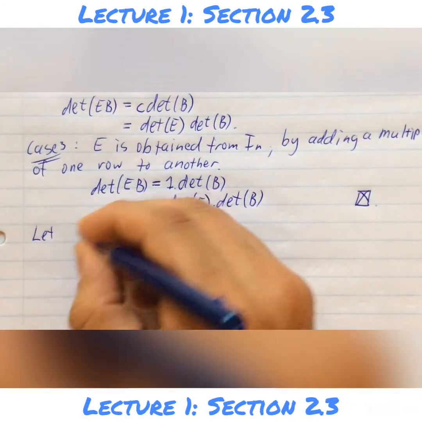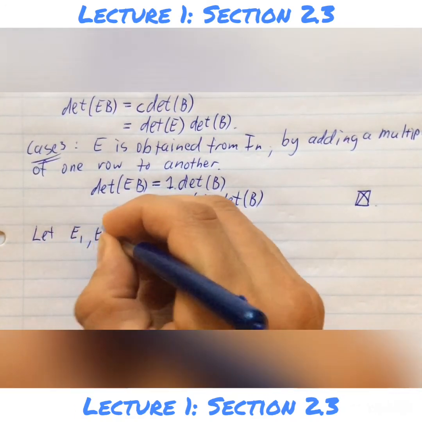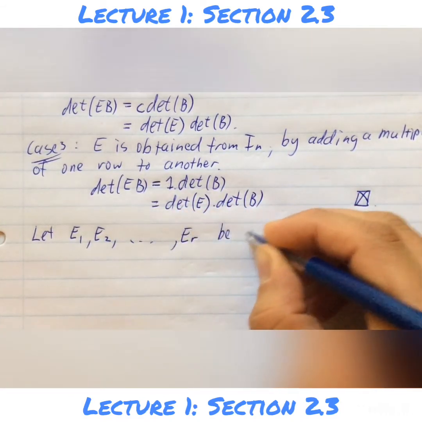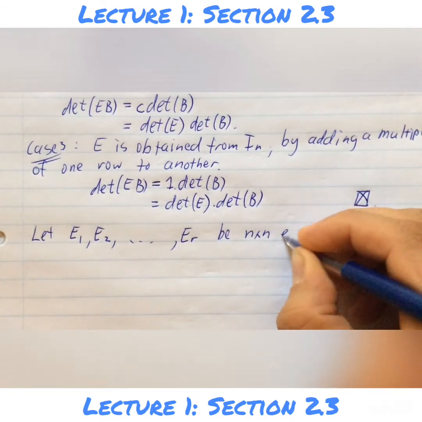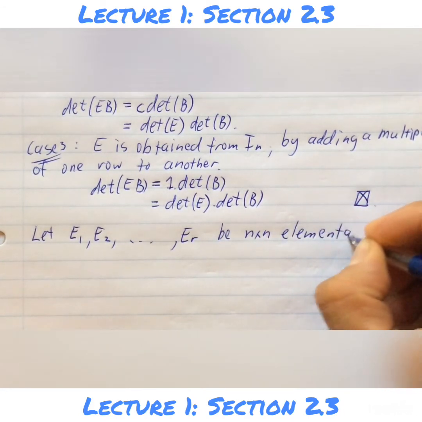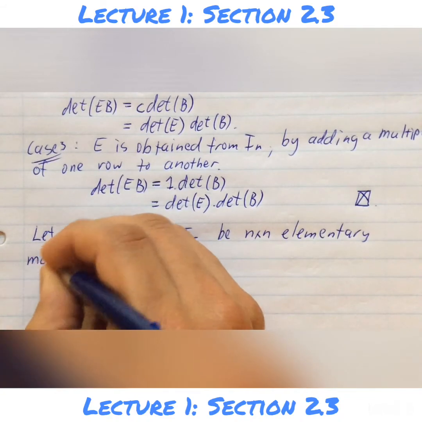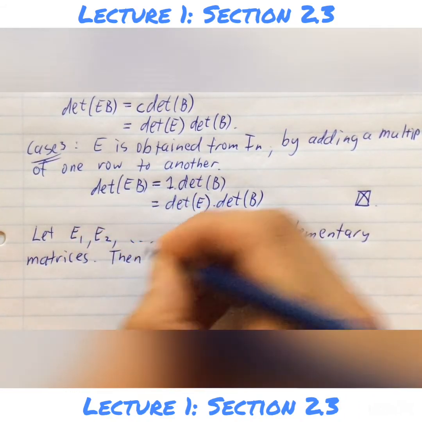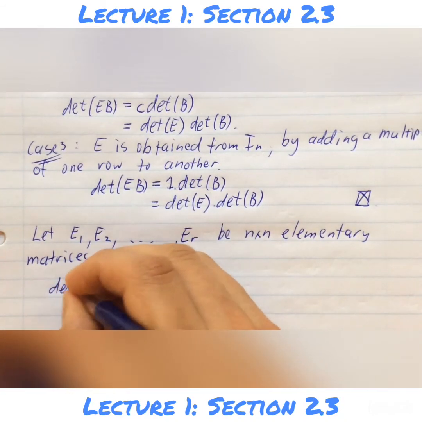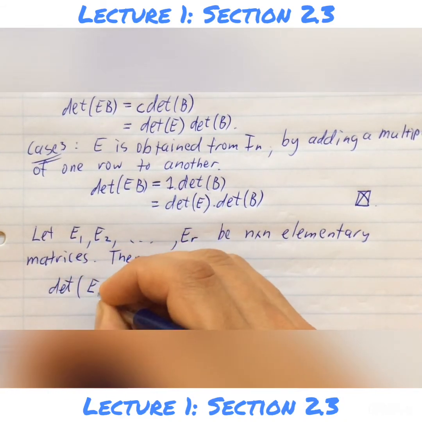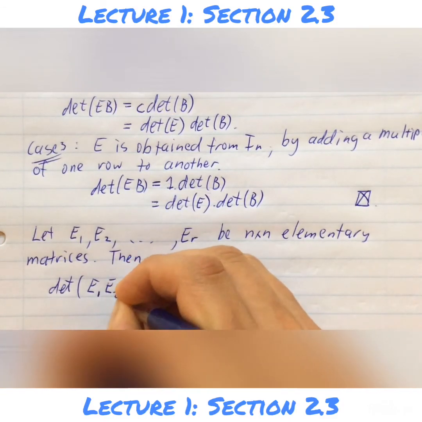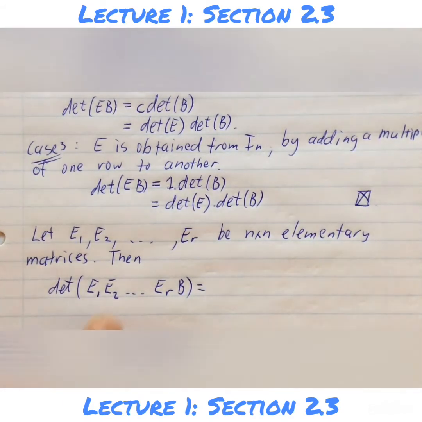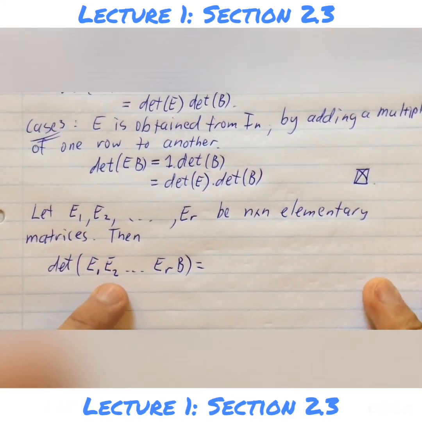So if this is a sequence of elementary matrices, then if you were to calculate the determinant of the product of all of these matrices with B, we can apply this claim recursively.